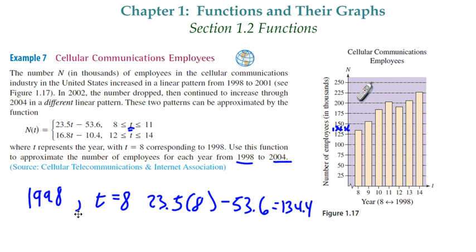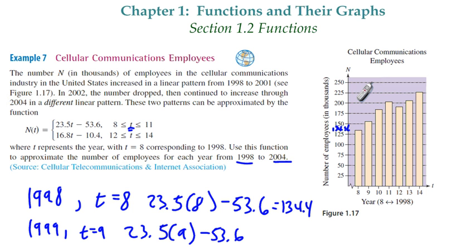So basically, they want you to go from 98 to 2004. So what about in 1999? Well, that means that my t equals 9. I have to plug in 9 now: 23.5 times 9 minus 53.6. Put all that in your calculator. 157.9.